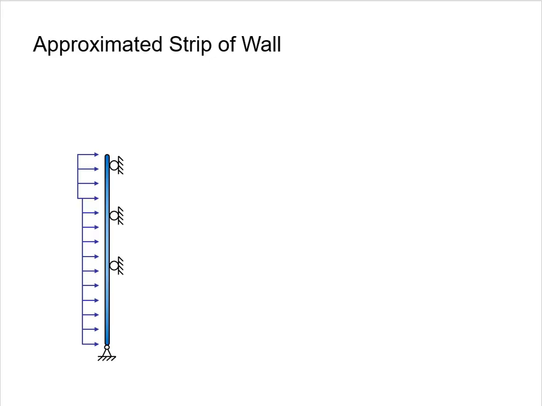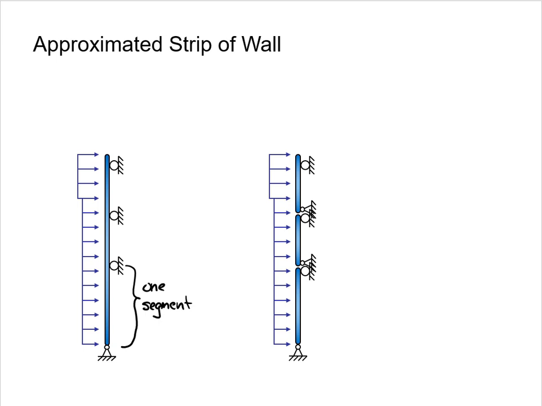Consider this idealized multi-story wall. We treat each story as an independent structural segment. For this example, we can break the wall into 3 segments. The top segment is simply supported with a cantilevered end.